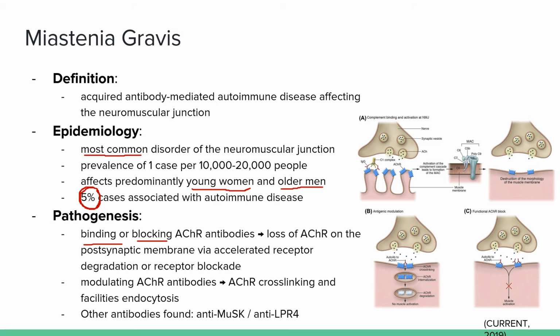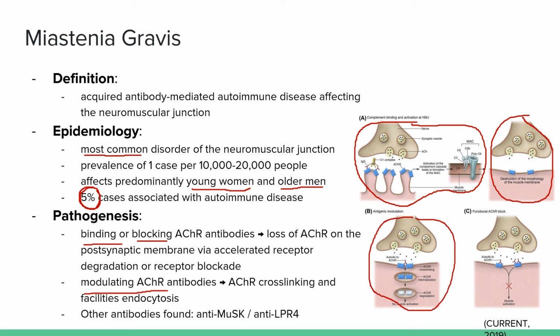In this case, we can see the antibody binds and then affects the degradation, or it can bind and block the receptor. Also, there are modulating AChR antibodies, and this means there is cross-linking, which facilitates endocytosis. We can see it in this image. The antibody binds to the receptor, and then there is endocytosis and degradation of this receptor.